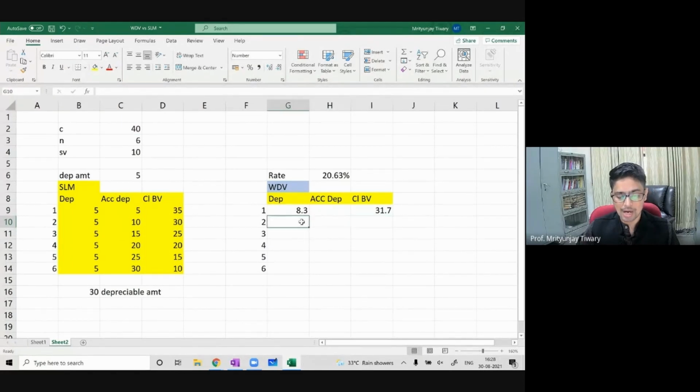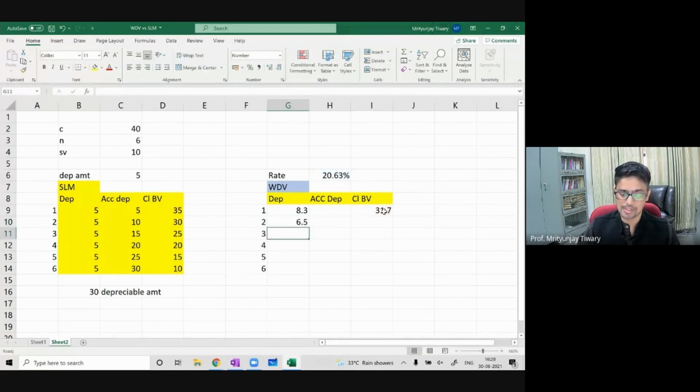Now notice how much we will provide in the second year. In the second year, we will provide depreciation on this number, 31.7, but the rate will remain the same. So the rate is this one. Let me freeze the rate. 20.63% multiplied by whatever was the closing value in the last year. That becomes my opening value.